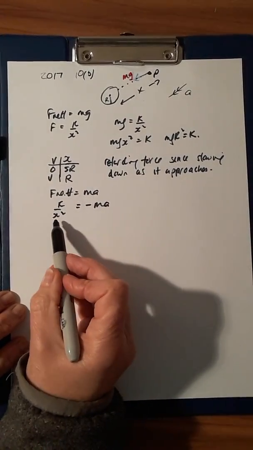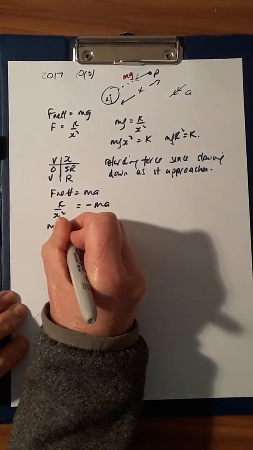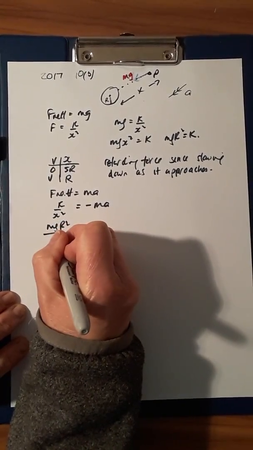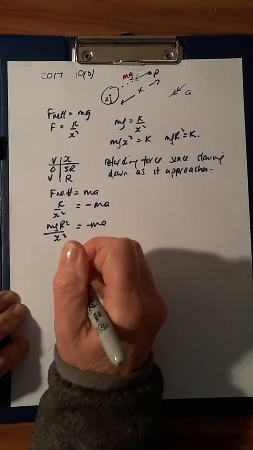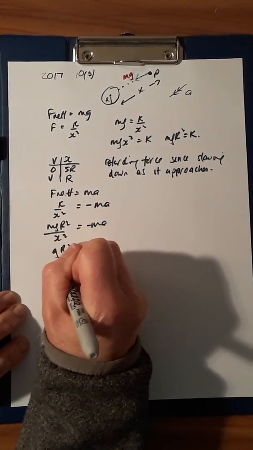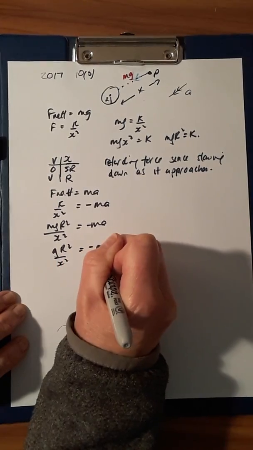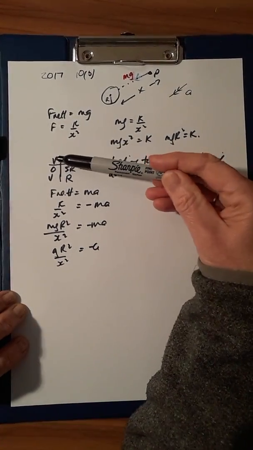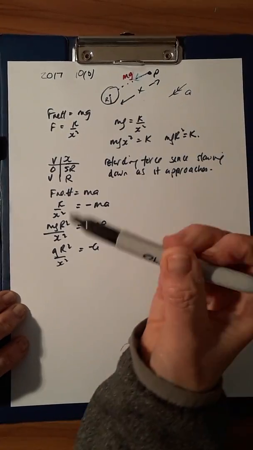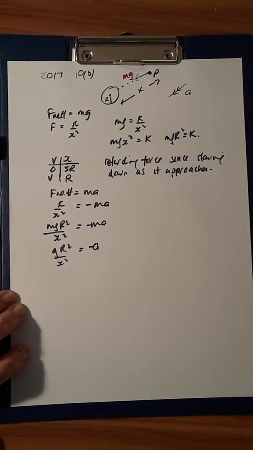I've already shown what k is. It's mg r squared over x squared is equal to minus ma. I'll get rid of those m's, so g r squared over x squared is equal to minus a. Looking at my limits, they're in terms of v and x distance, so I'm going to change that a to v dv/dx.